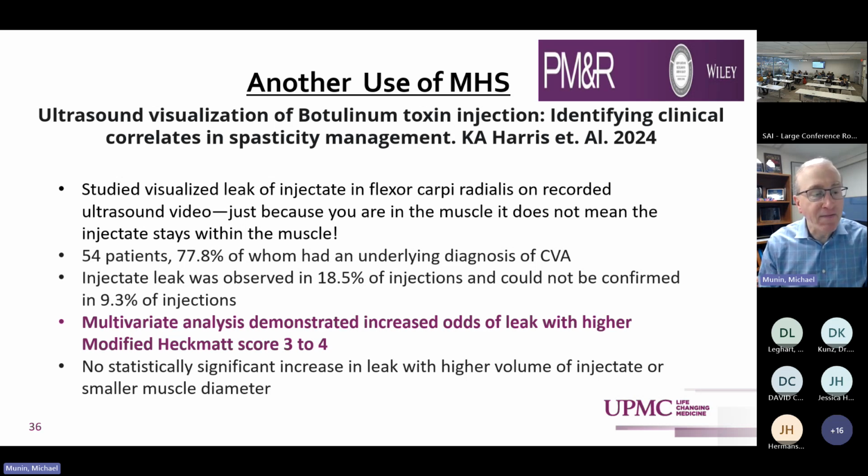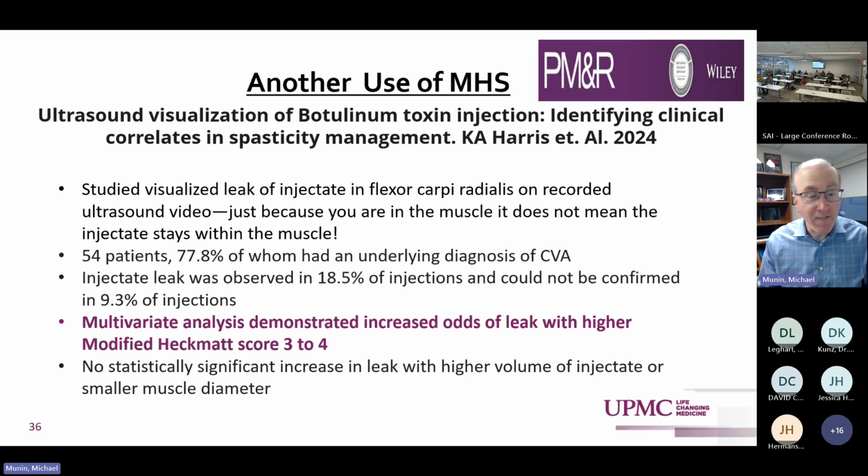She looked at 54 patients, at injectate leak, the leak of the toxin. And remember also the fascia around the muscle. These are not watertight fascia. It's easy for the injectate to potentially leak out. She found almost a 20% rate of injectate leak, and her multivariate analysis demonstrated an increased odds of leak with higher modified Heckman score. Grades 3 or 4 had a significantly higher rate of leakage.